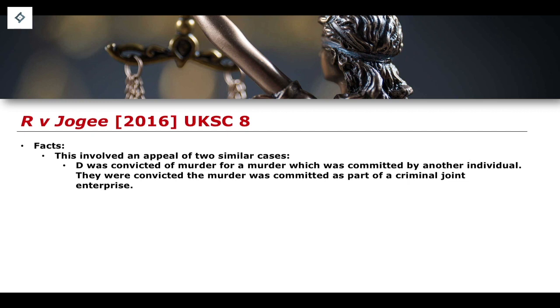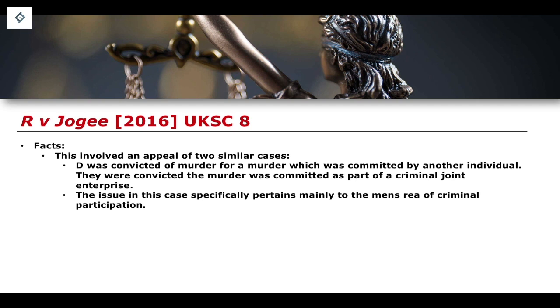We have a defendant who was convicted of murder for a murder which was committed by another individual, and the murder was committed as part of a criminal joint enterprise. The issue in this case specifically pertains to the mens rea of criminal participation, because even though we're talking about accessories or aiding and abetting, we still have to think about the actus reus and the mens rea for these offences.